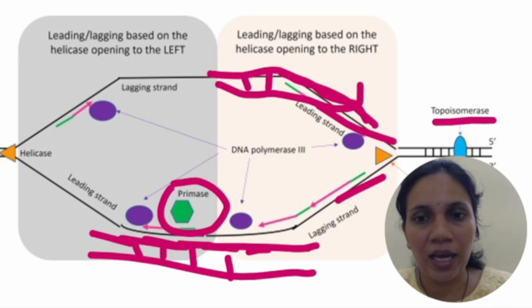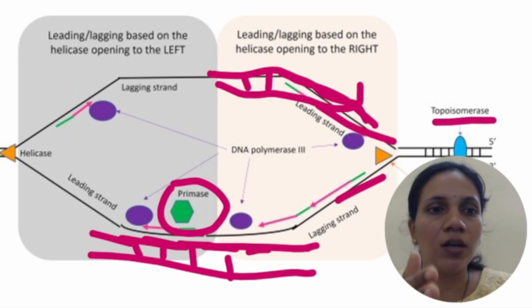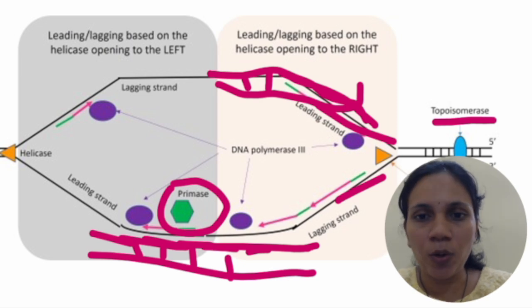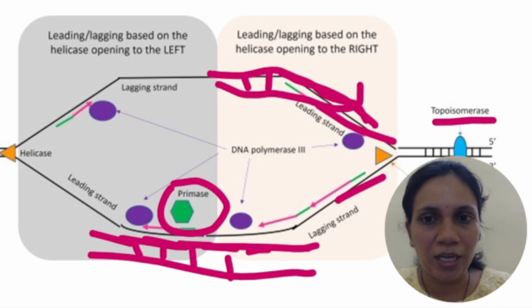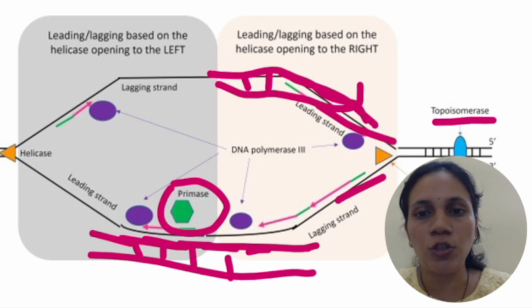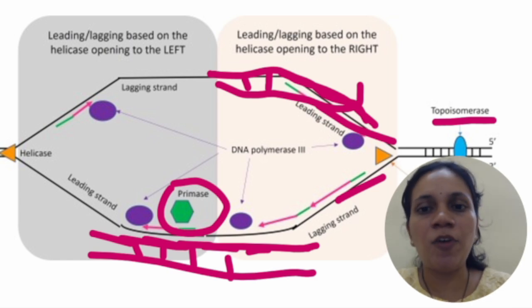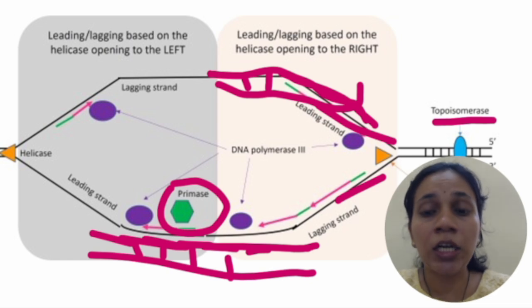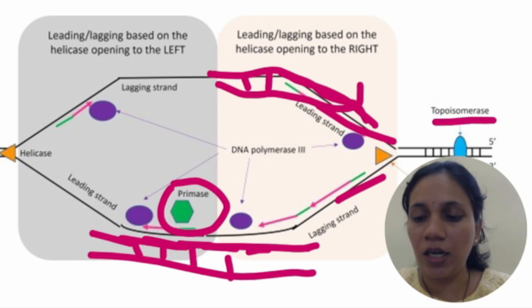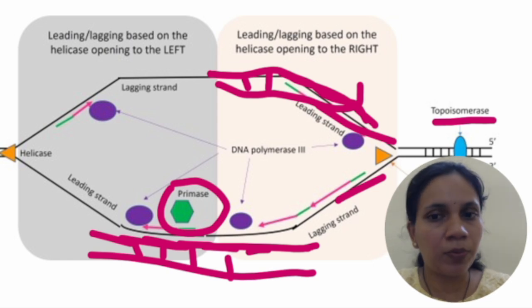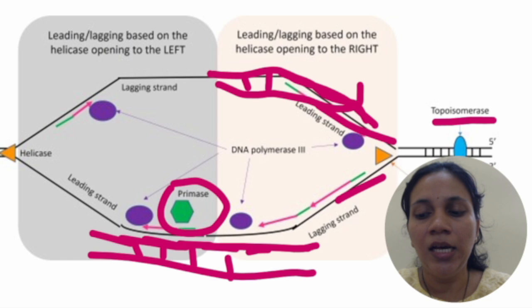The entire length of DNA cannot be opened at once, so it occurs in small fragments, at the origin of replication, or the ori. It leads to the formation of the replication fork, which divides the parental strand into two: the leading strand and the lagging strand. On the 3 prime to 5 prime strand, DNA replication occurs in a continuous manner, whereas on the 5 prime to 3 prime strand it occurs in a discontinuous manner.